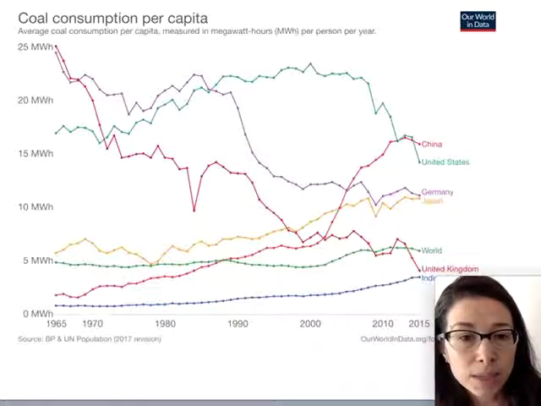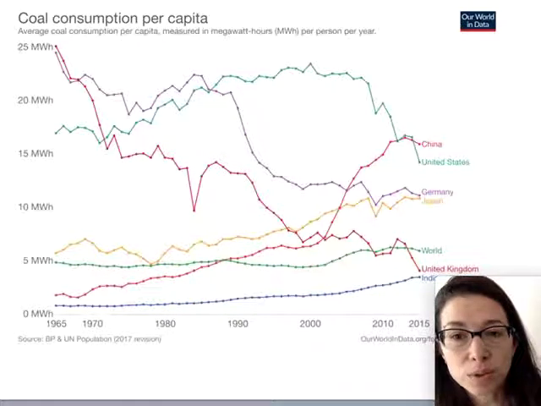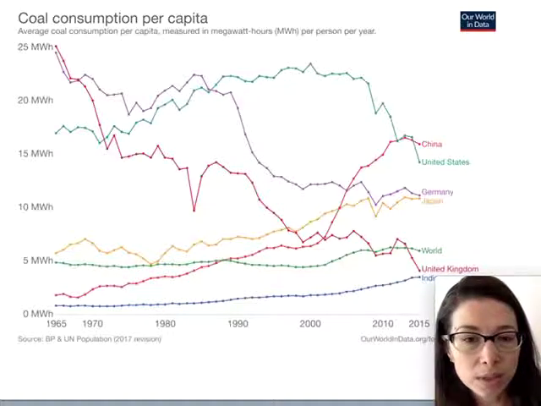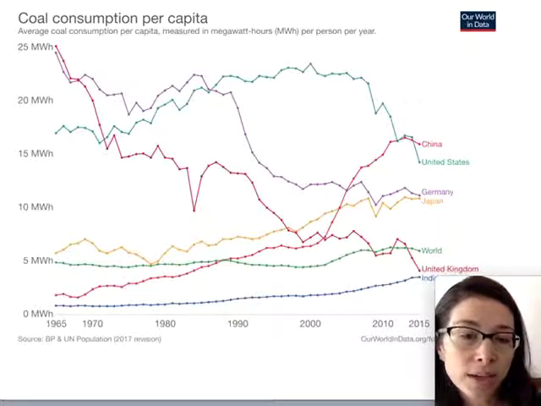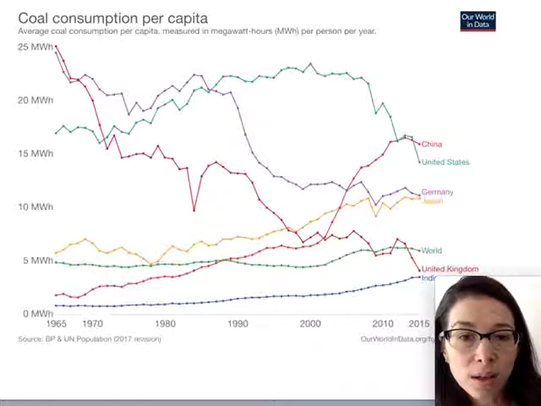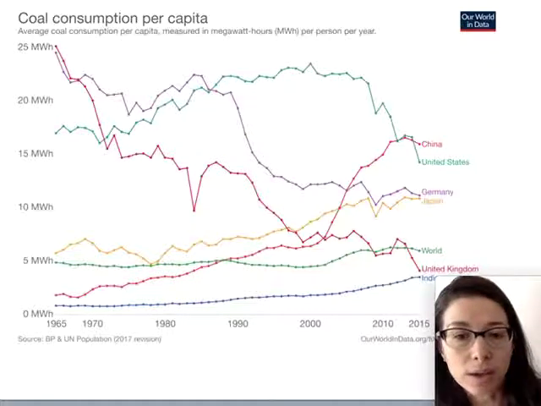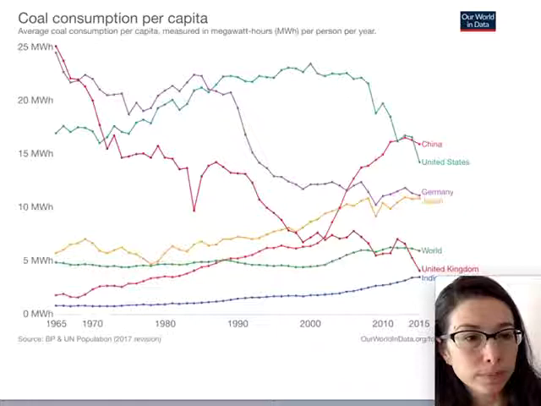And other countries are a little bit more frugal with their fossil fuel based energy use than we are. So the United Kingdom, for example, and Germany and Japan, are all developed countries that have managed to limit the amount of coal that they use per person.